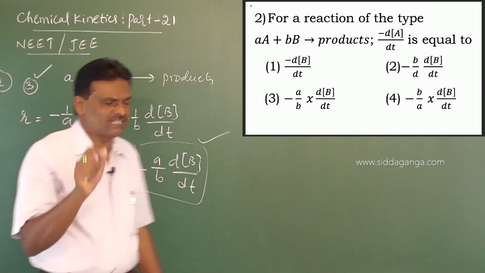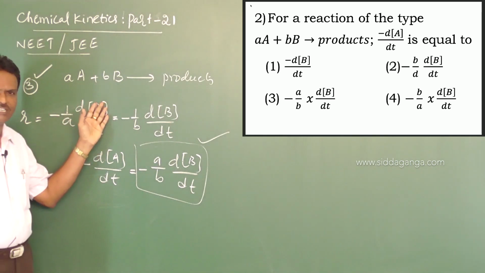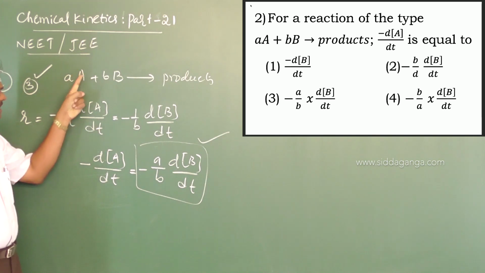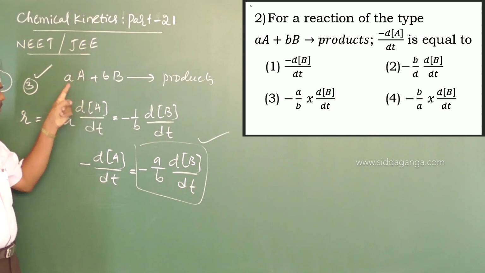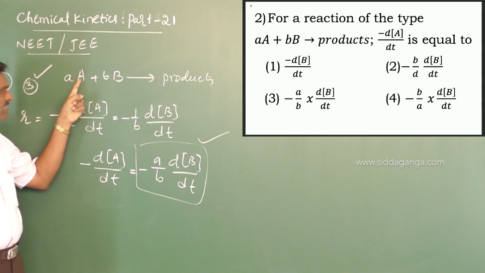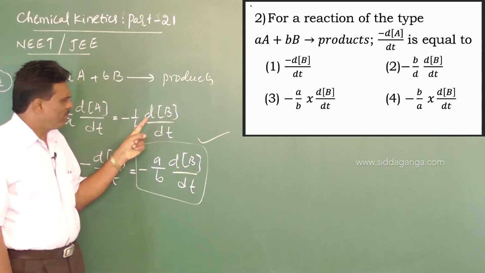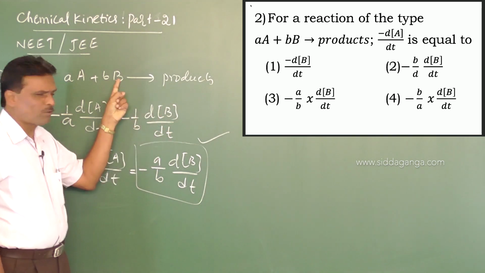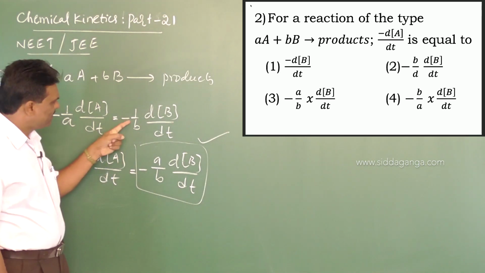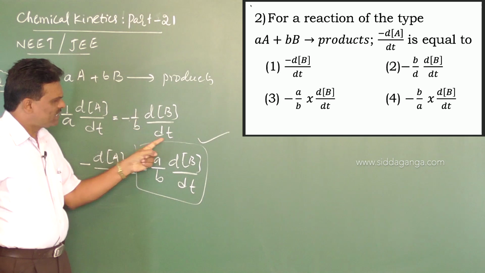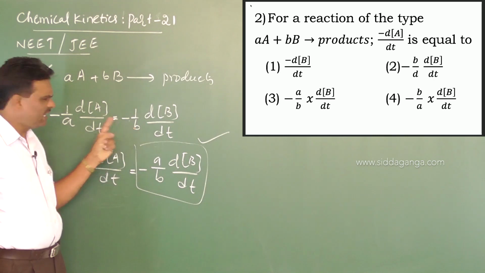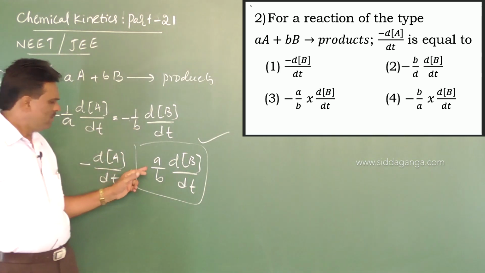Rate of change of concentration of the reacting species, or in general chemical species, divided by... look here, rate of change of concentration of A is minus dA by dt divided by a, so minus sign stands for rate of consumption or decrease in the concentration of A. So here also minus dB by dt, this is the rate with respect to B, this is a reactant. So in a chemical reaction, concentration of the reactants goes on decreasing, that is why the negative sign. And this rate of change of concentration of B is divided by its stoichiometric coefficient b. Is it clear? So minus dA by dt is equal to minus a by b.